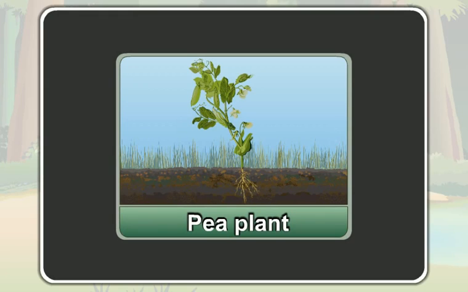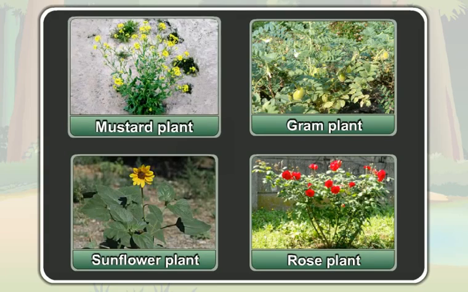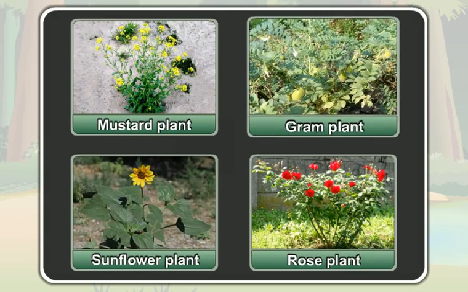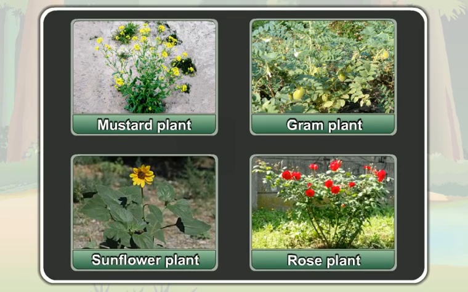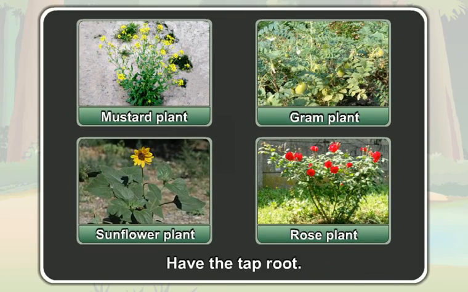So, the root of the pea plant is the tap root. Like a pea plant, plants like a mustard plant, a gram plant, a sunflower plant, and a rose plant also have the tap root.